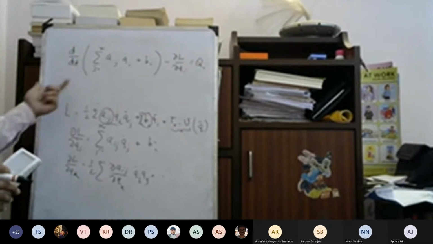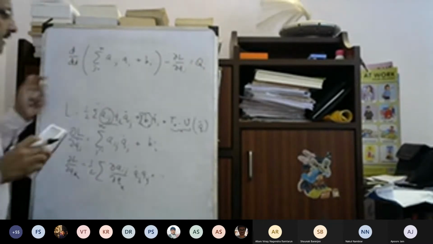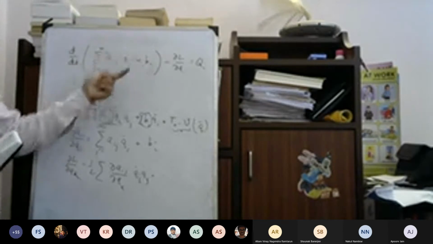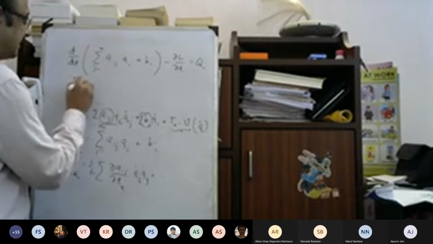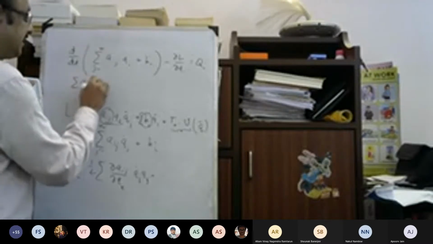Now, if you differentiate it, one term will be Aij qj double dot.